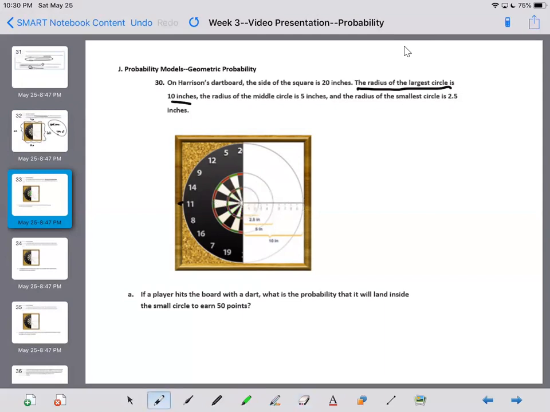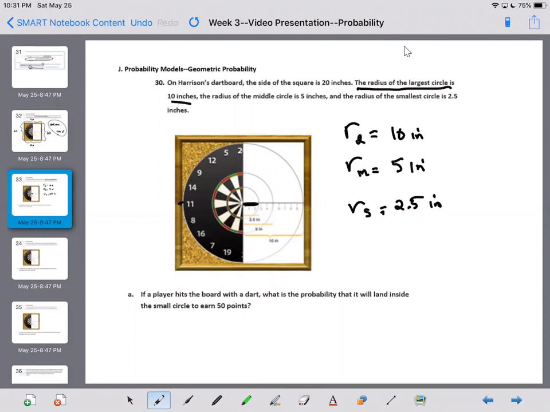So the radius of the large circle is 10 inches. The radius of the medium-size, or middle, circle is 5 inches, and the radius of this small circle is 2.5 inches, that section right there.